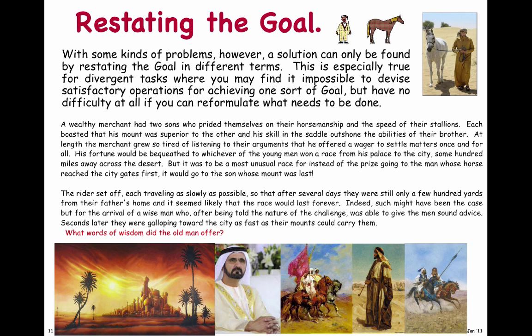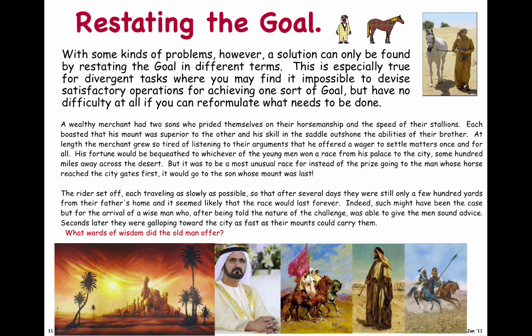A wealthy merchant had 2 sons who pride themselves on their horsemanship and the speed of their stallion. Each boasted that their mount was superior to the other, and his skill in the saddle outshone the ability of their brother. At length, the merchant grew so tired of listening to their arguments that he offered a wager.